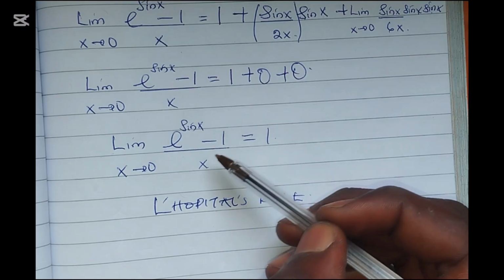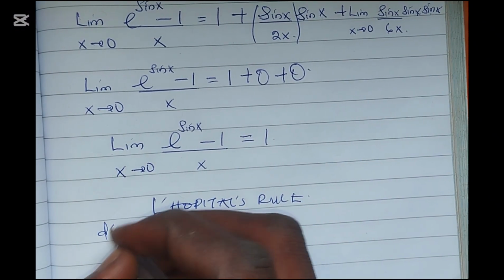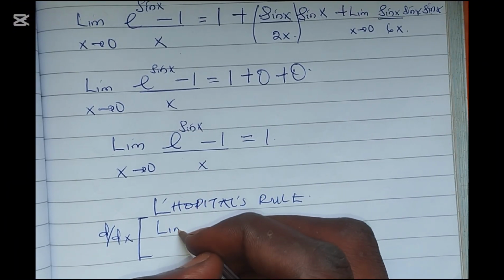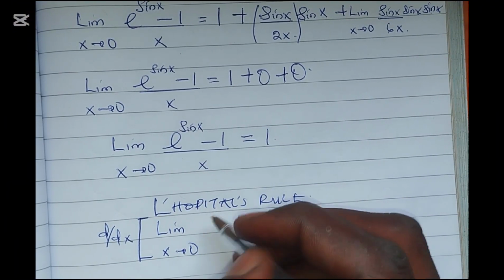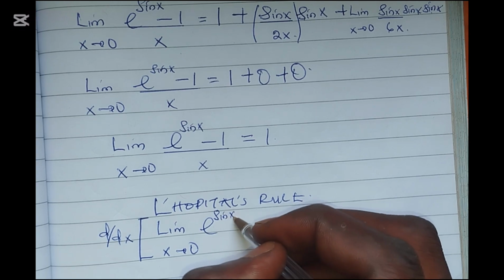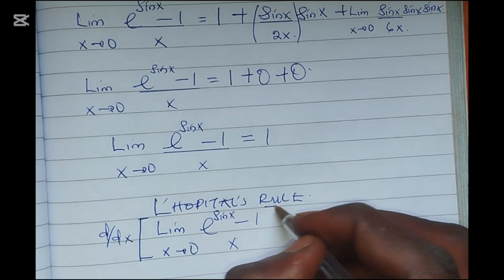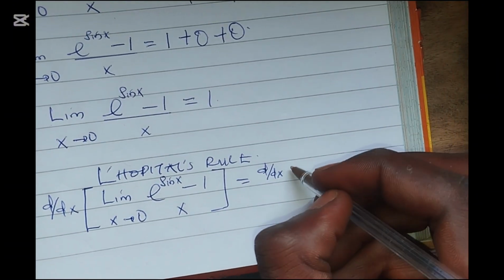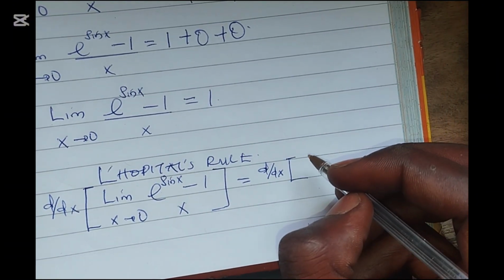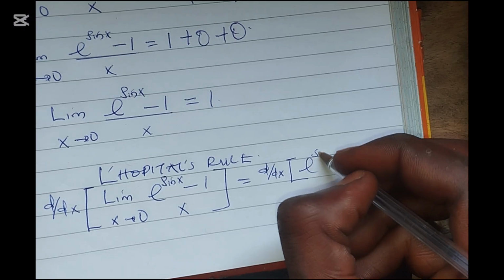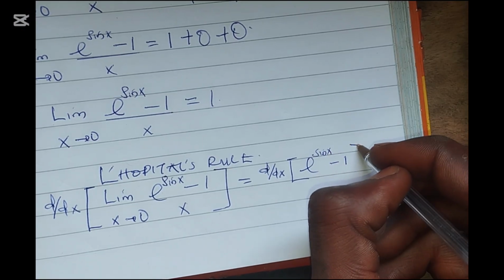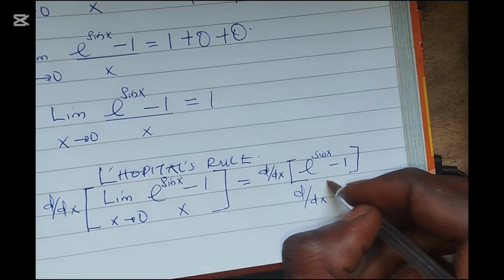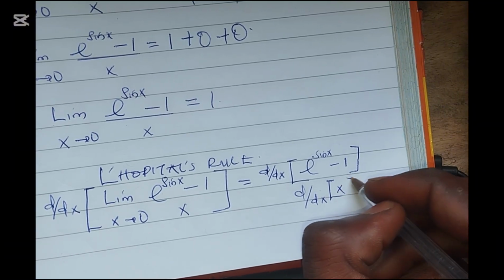So the derivative, that depends on x, on whatever variable you have, of the limit as x goes to 0 of (e to the sine x minus 1) all over x will be the derivative of the first one, e to the sine x minus 1, all over the derivative of the second one, which is the x.